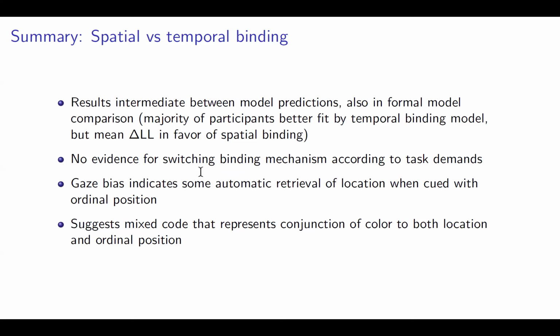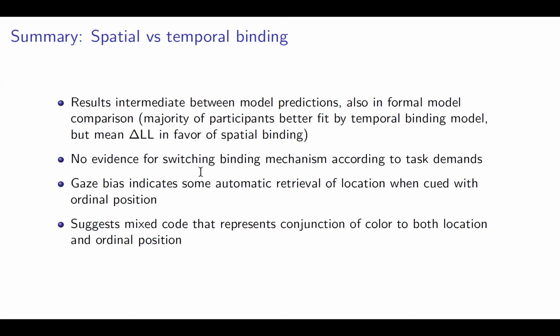Location and ordinal position are of course also bound to each other, and that is what we have seen and what we already know from before, that memory for location-time bindings is pretty good and reliable.